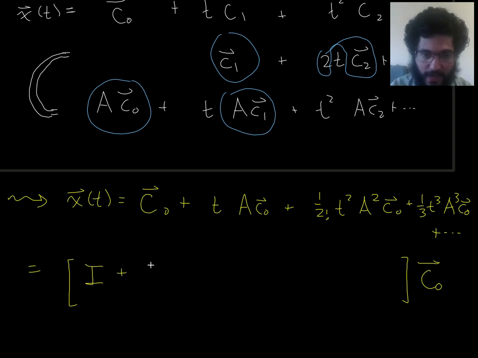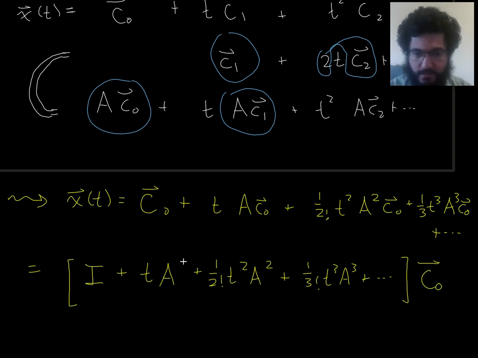And then over here we have t times the matrix A getting applied to the vector C0. But you see how this has to be to the left of that if I want to get this term. And then there I've got 1 over 2 factorial t squared, A squared getting applied to C0. 1 over 3 factorial t cubed, A cubed getting applied to C0, and so on. There's an infinite series of terms here.